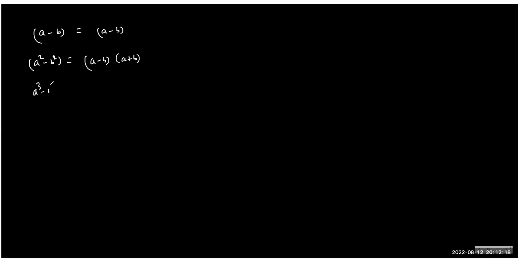What is A cube minus B cube? A minus B, A square plus AB plus B square. It's the same thing. You start with the highest power, you keep on decreasing it and increasing the other power, right? And this will get interesting this way.